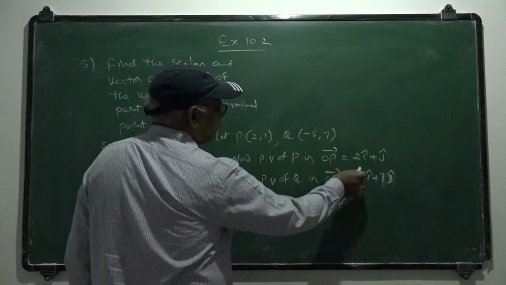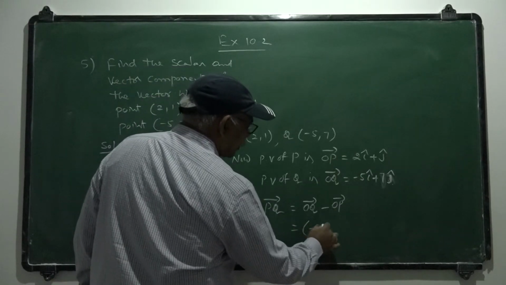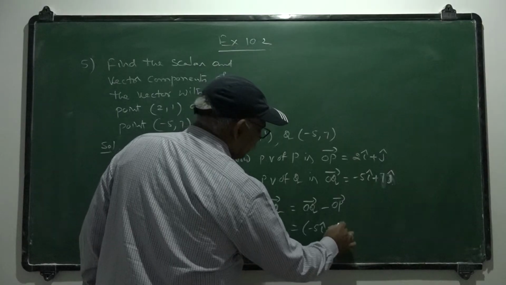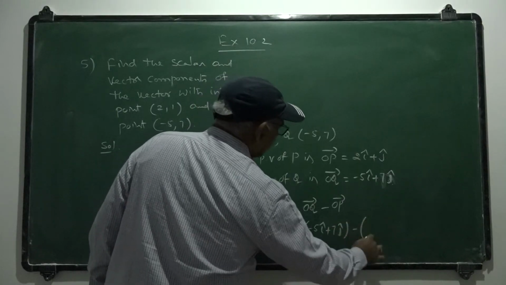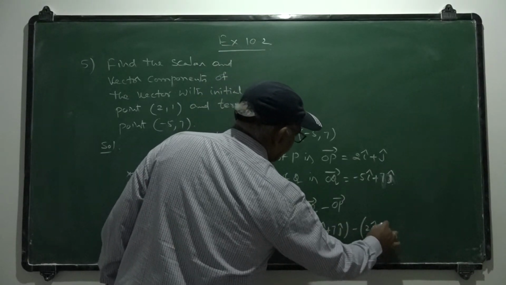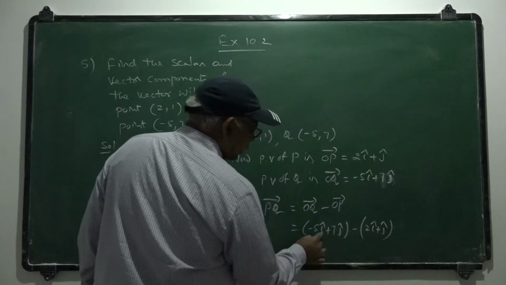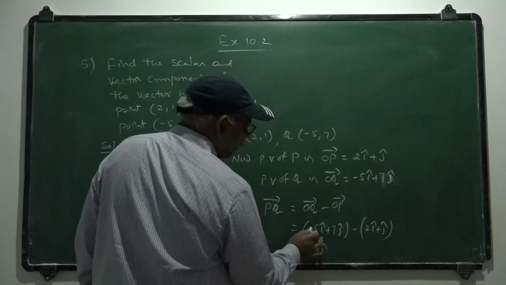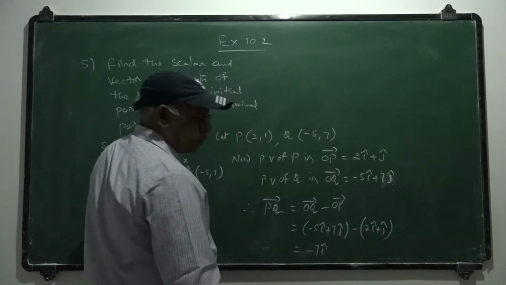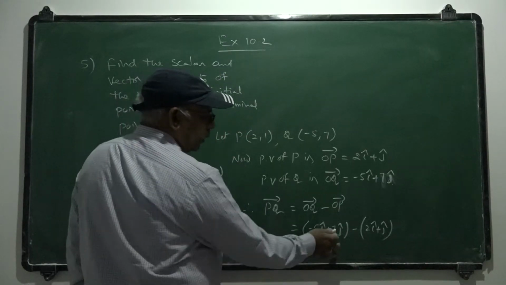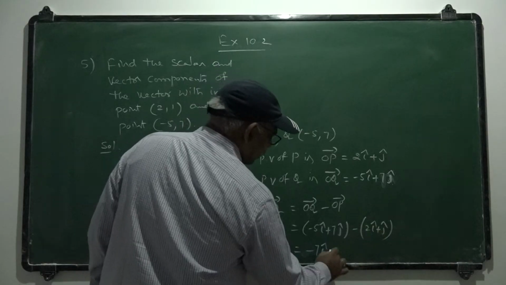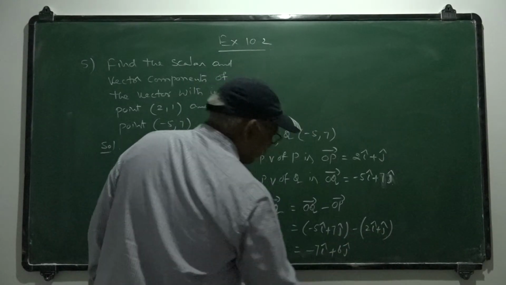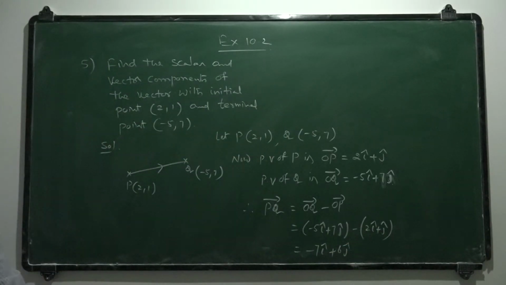OQ bar minus OP bar, that is (-5i plus 7j) minus (2i plus j), which gives us -5i minus 2i, that is -7i, plus 7j minus j, that is 6j. This is the vector PQ bar.